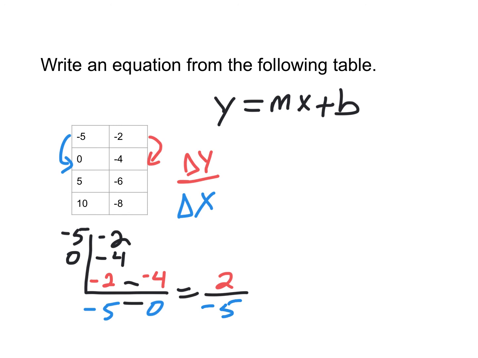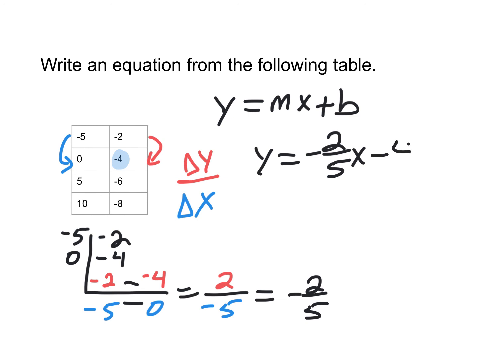So when we write this out as the slope, we're going to call it -2/5. So now we can take our -2/5 and plug it into the slope formula, and we have y equals -2/5x, and then our plus b is right here with our 0, -4. So actually our plus b is going to be the -4, so we just write -4. And that is the equation from this table.